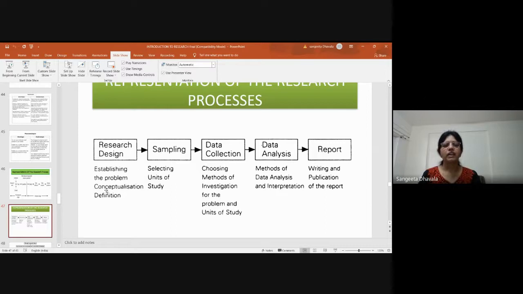I am not so prepared, otherwise I could have shared the theoretical framework of my scholar. You will see that all the three independent variables are on one side. Each of them has an impact on the quality of life. And there is something else also that influences the quality of life. What are those? Those could be the demographic variables.